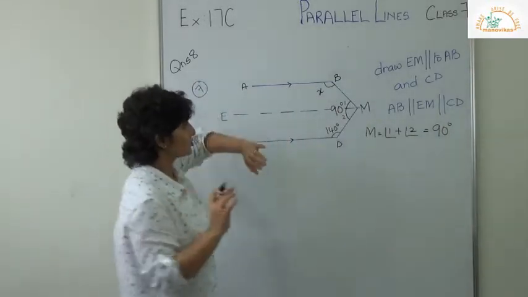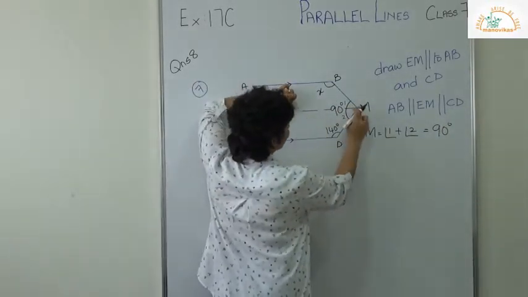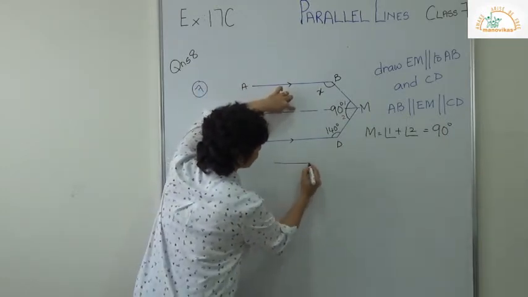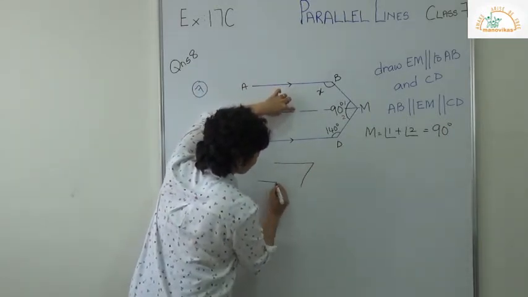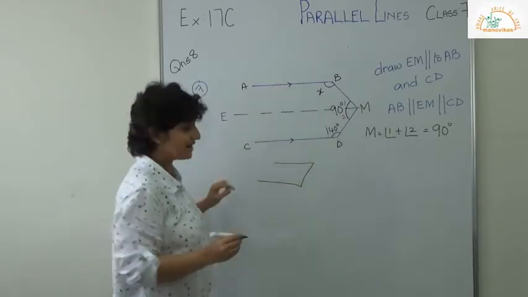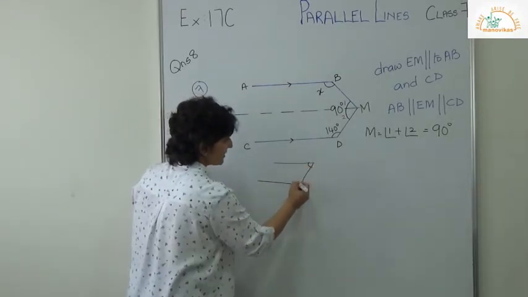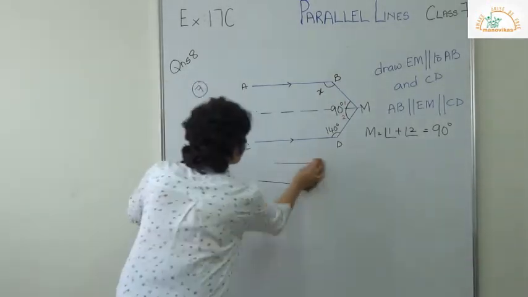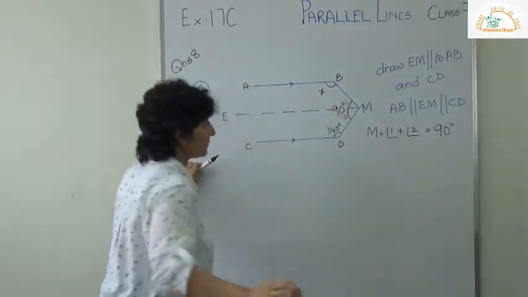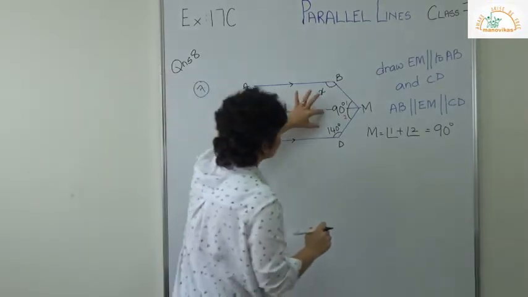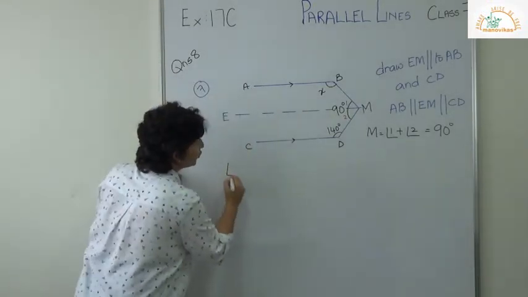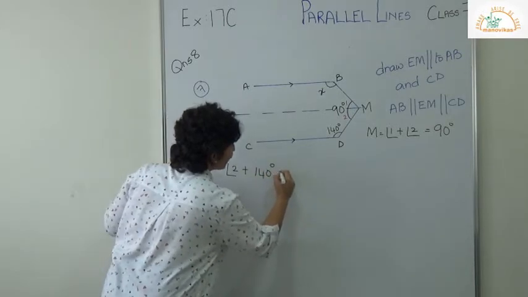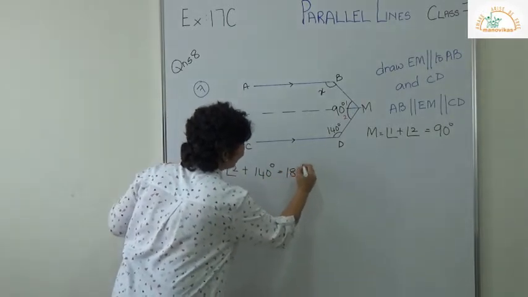Now children, see this. If you take this again, what shape does it give you? It gives you like this, and like this. What does it remind you of again? The box here, isn't it? This reminds you of the box. So let us see here. Now I have angle 2 plus 140 degrees is equal to 180 degrees.